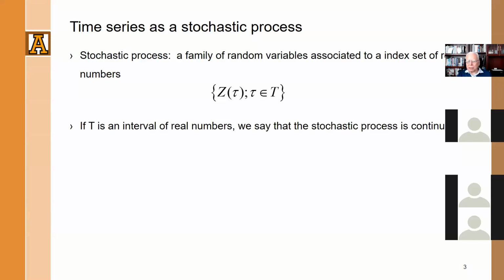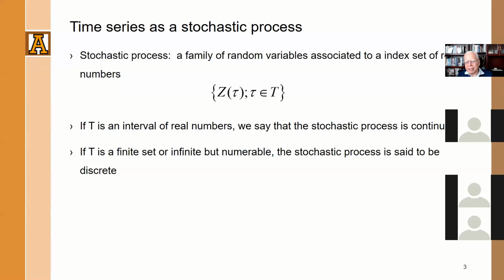If T is an interval, then we say that the process is continuous. So if we can have the values for this random variable at any point in time between time 0 and, let's say, a year from 0, in any instant of that period of time, then we will say that's a continuous stochastic process.